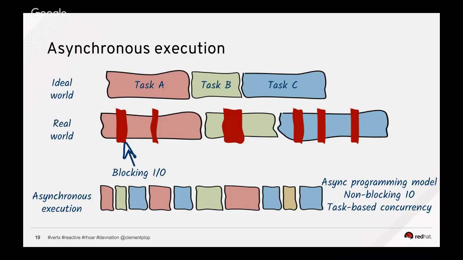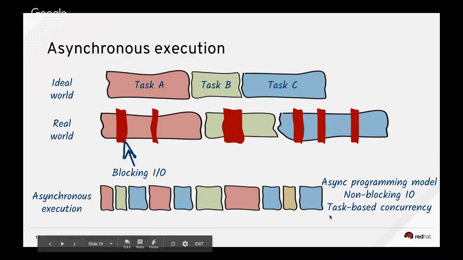So the asynchronous execution model is a bit different. You say, okay, we're not going to wait. But as soon as we have to wait, we will try to switch to another task that can make progress. And when we can't make progress anymore, then we will switch to another task. And maybe when we can't make progress anymore on that task, we can switch back to the first one because we finally get an answer. So instead of explicitly waiting, we will try to always stay busy.